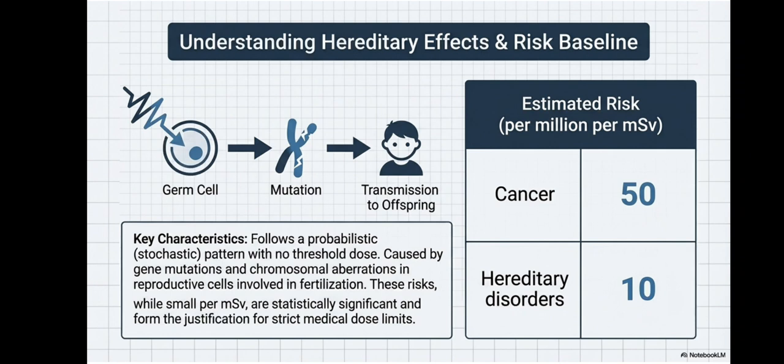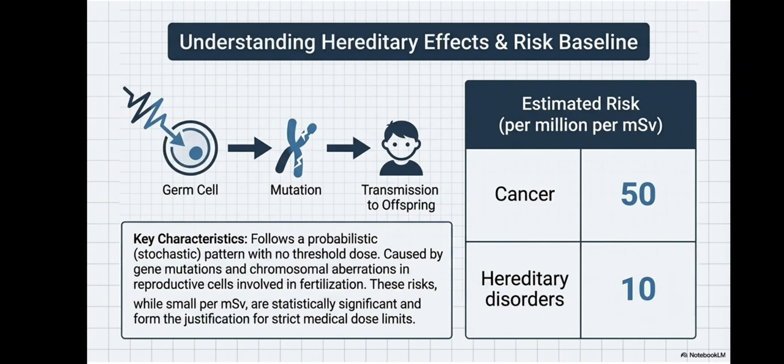If radiation induces gene mutation or chromosomal aberration in a reproductive cell, this gene change can be transferred to offspring. Key characteristics of hereditary effect: they occur in progeny, not the exposed individual, result from damage to reproductive organs before conception, and are caused by mutation in germ cells.